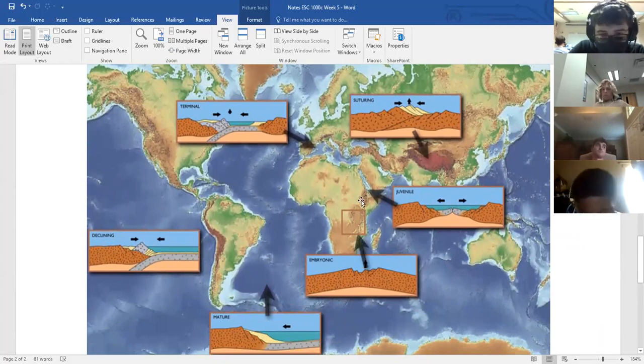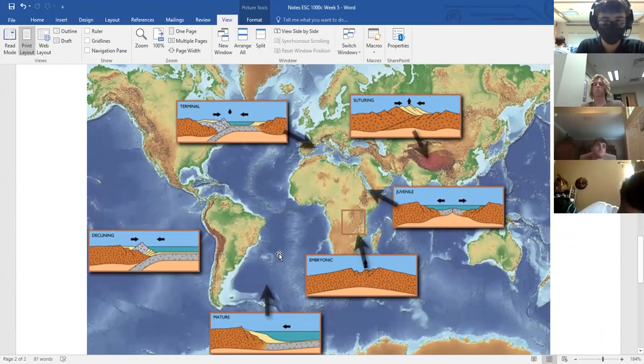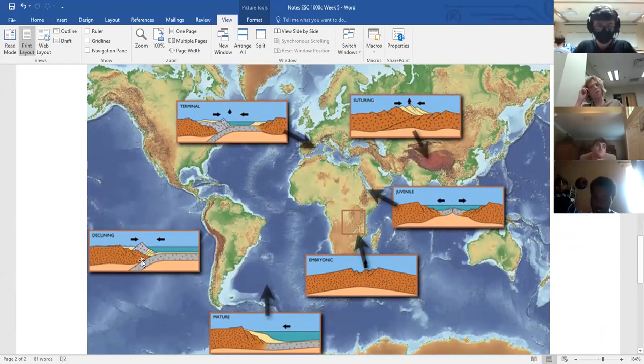Notice they're all connected. You have your terminal Mediterranean Sea, your sutured Himalayas, your mature Atlantic Ocean basin, and your declining Pacific Ocean basin. So I can throw this up on your quiz review as well, the stages of the Wilson cycle.